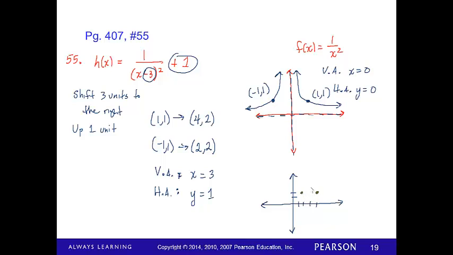We have a vertical asymptote at the line x equals 3, so let's draw a dashed line right here down. And we have a horizontal asymptote of the line y equals 1, so let's draw a dashed line. And then let's do our best to connect. Remember, the shape is still the same. All it did was move a little bit. And be careful not to touch the asymptotes. And this is what your graph should look like.